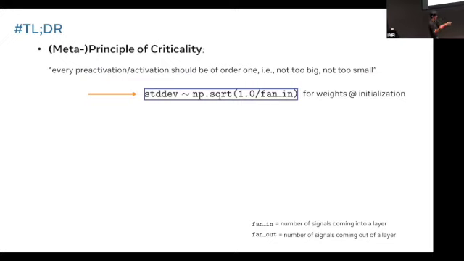So usually you have a fan-in by fan-out weight matrix connecting the layers. The intuition for that comes from the usual random walk or central limit theorem.